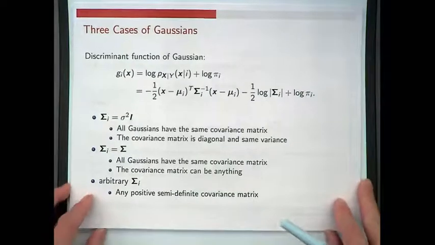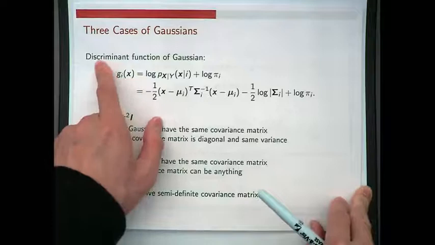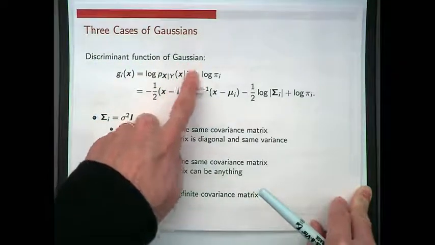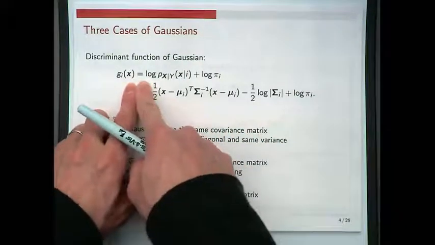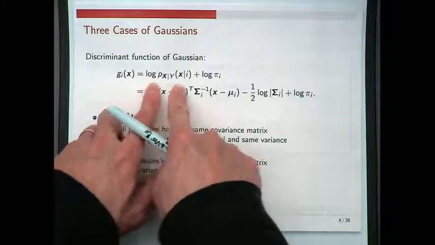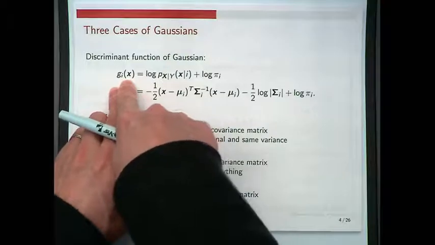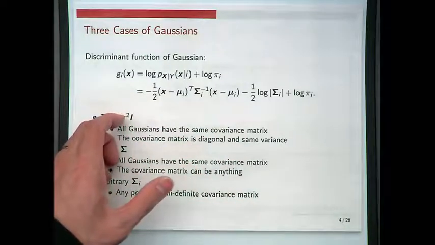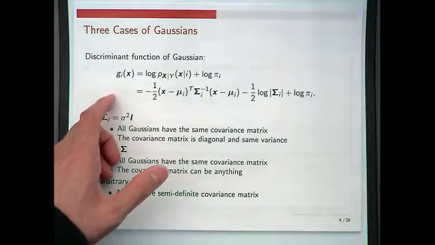To start with, let me remind you what we have done last time. Last time we defined this notion called the discriminant function. For the case of a Gaussian distribution, the discriminant function will be written in this form. The discriminant function by itself will be written as the log likelihood plus the log of the prior, because this discriminant function is defined according to the posterior. We are interested in looking at the posterior because typically you are given some observation. You want to claim whether this data point comes from class i or class j.